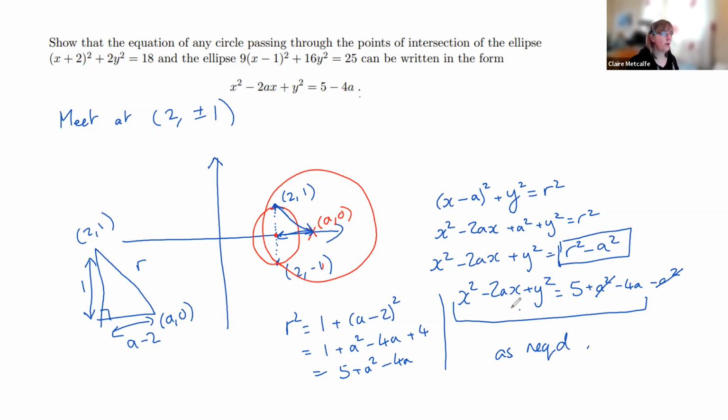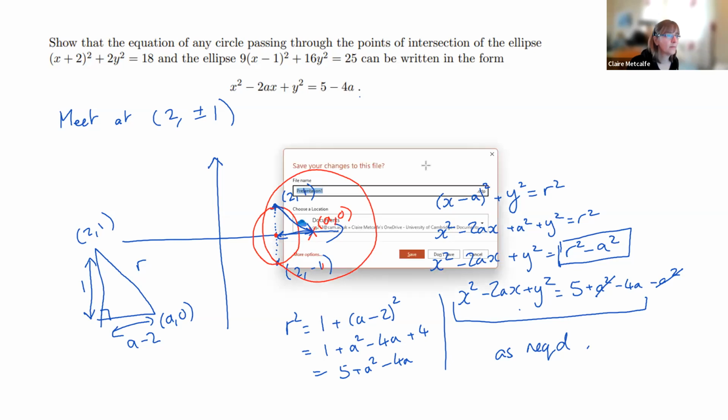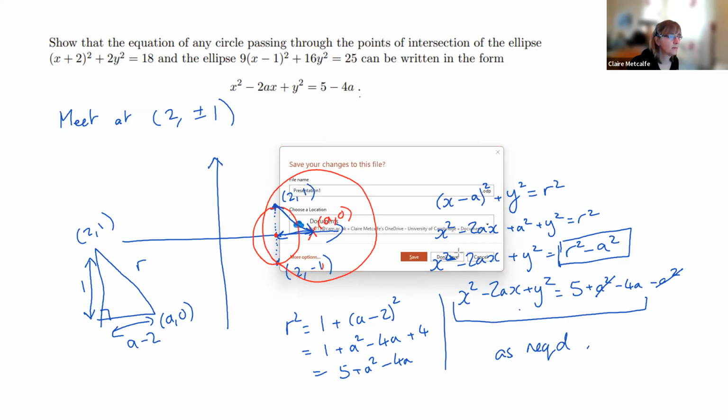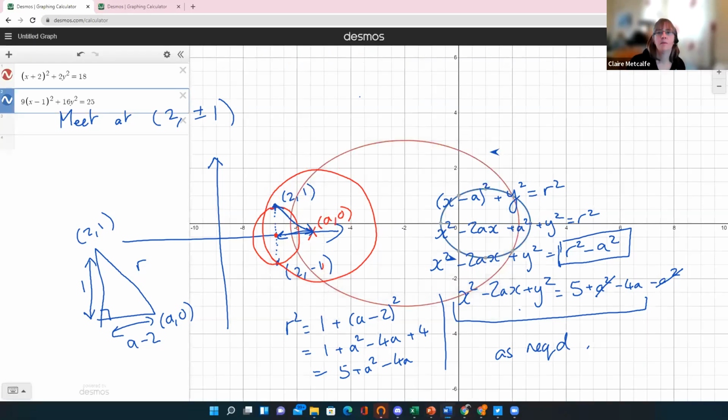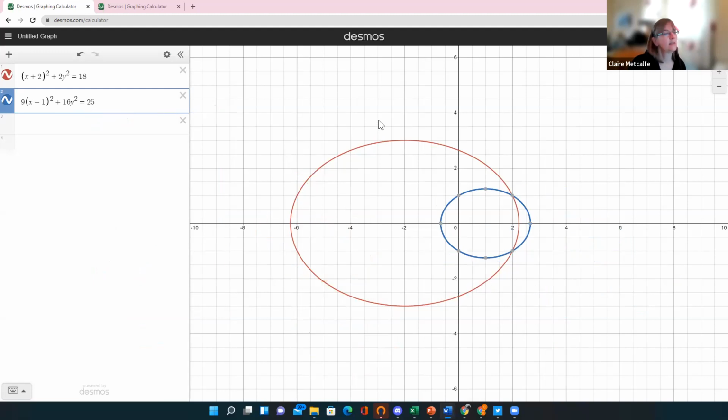Right, just to show you a little bit of what's actually going on here, I have drawn these on Desmos. That would help if I was actually on mouse rather than annotate.